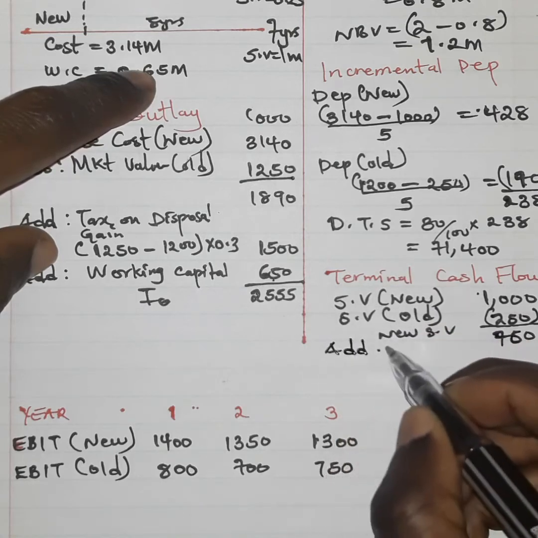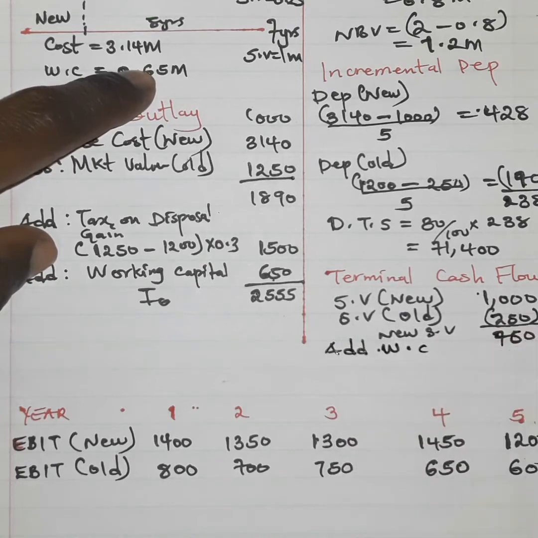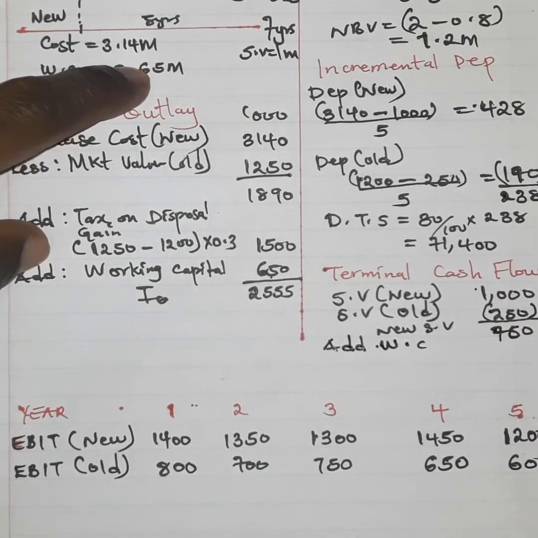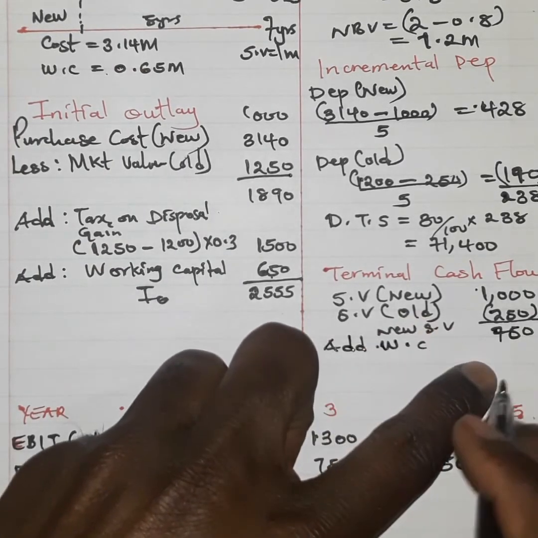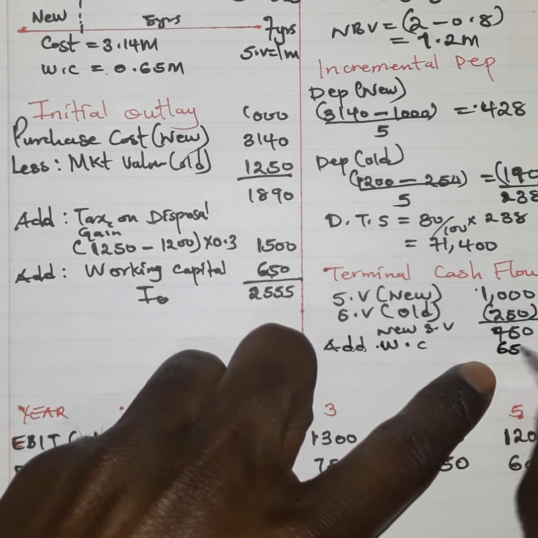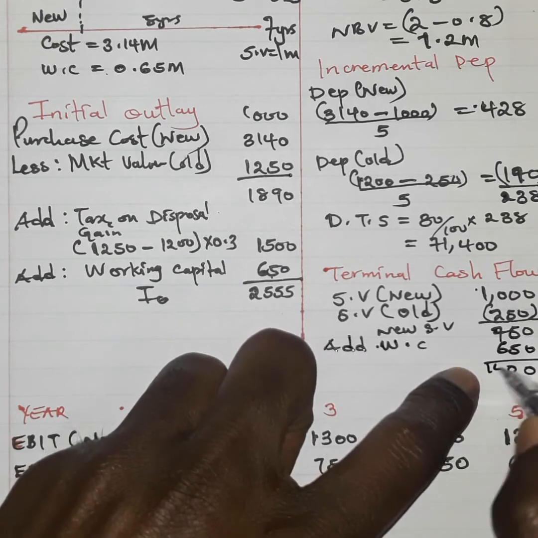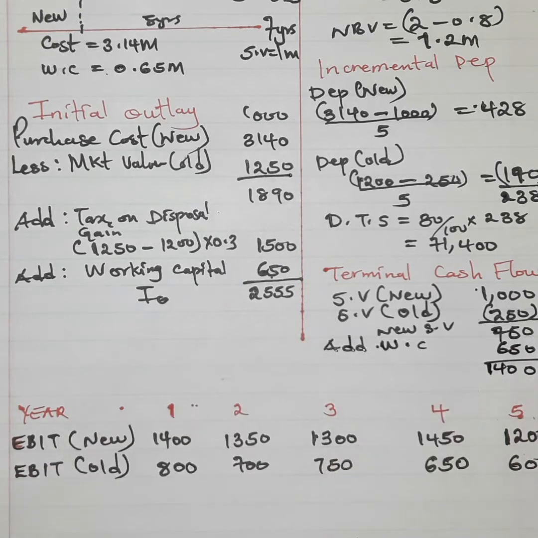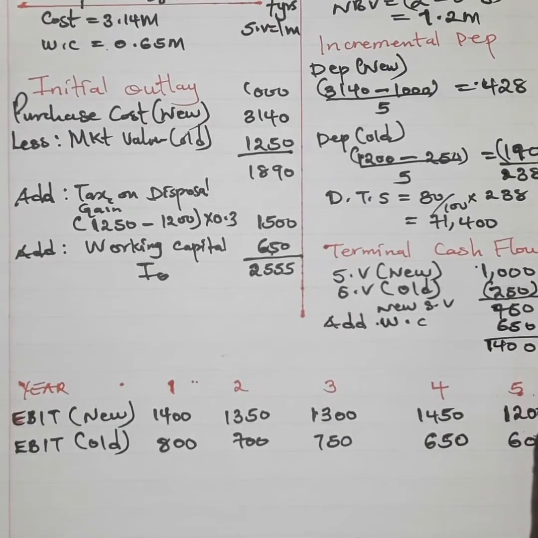We add the working capital here because it forms part of what was recouped at the end. When we add an amount of 650, we get 1,440,000.